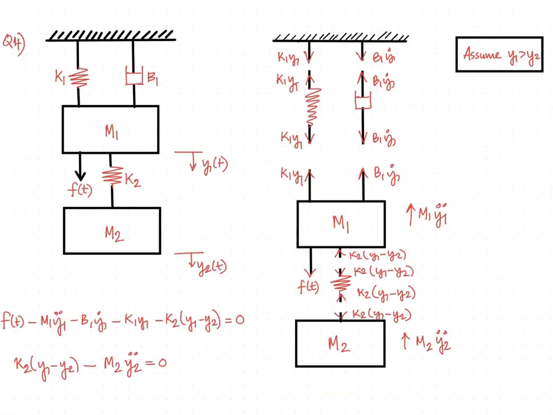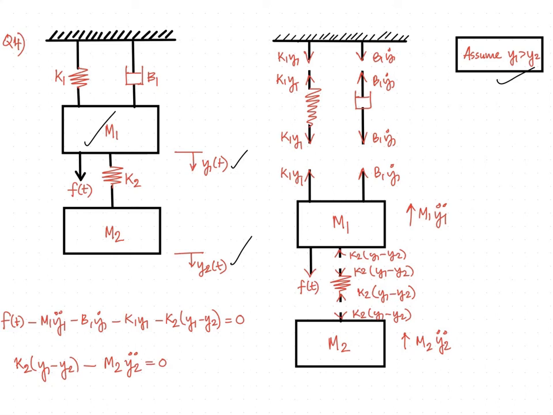Next, we have a physical system wherein there are two masses, two springs and a damper, but the force is acting on the mass M1. The displacements are given as y1 and y2. It is assumed that y1 is greater than y2.